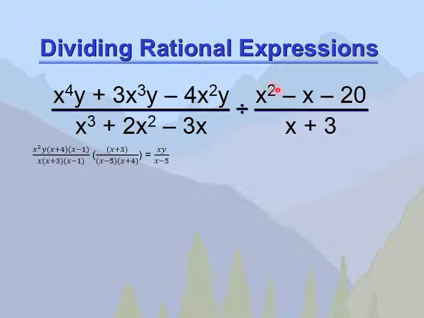And when I factor x squared minus x minus 20, using my box method, I get x minus 5 times x plus 4. Now I'll cancel what I can. This x goes into x squared once, so now I have x and a y on top. This x plus 4 is canceled with this. This x minus 1 cancels here, and this x plus 3 cancels here, leaving me just x minus 5 on bottom.